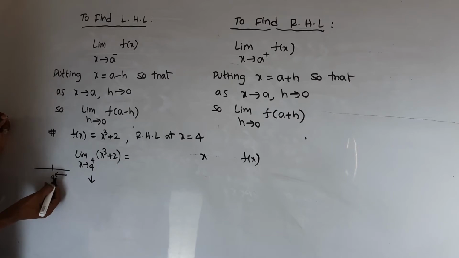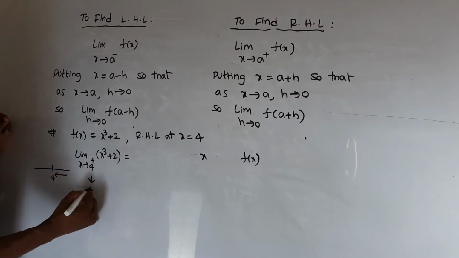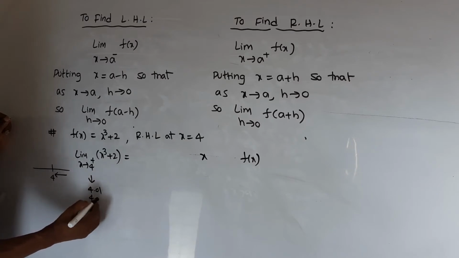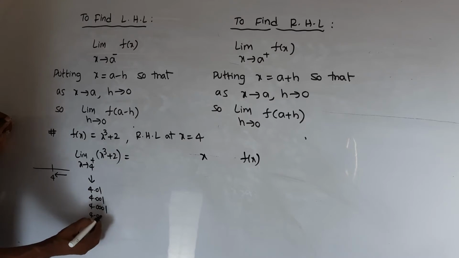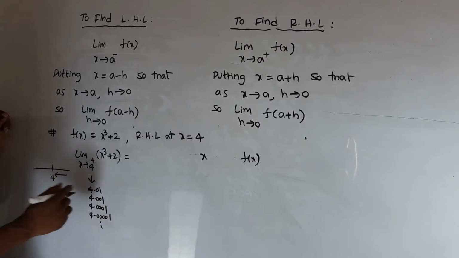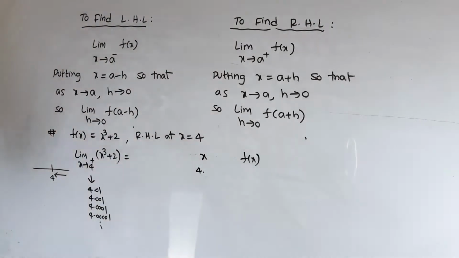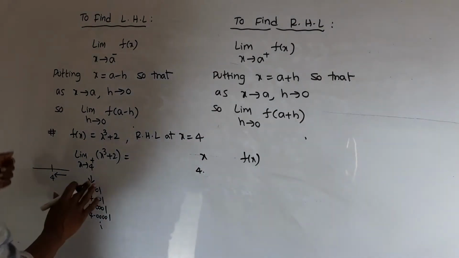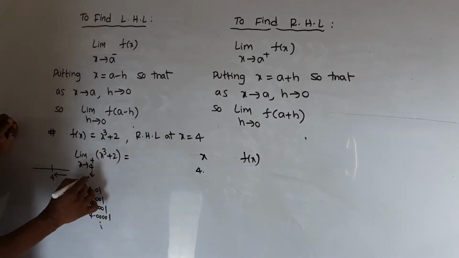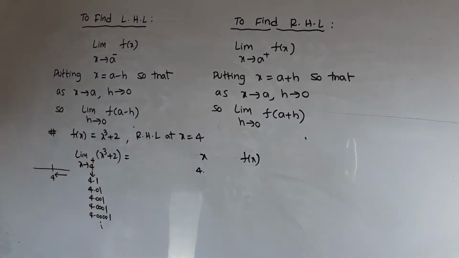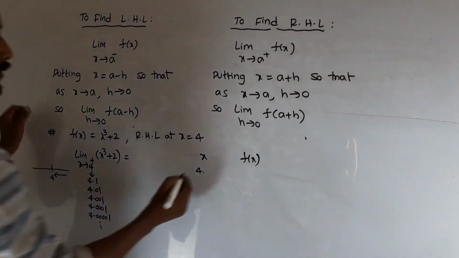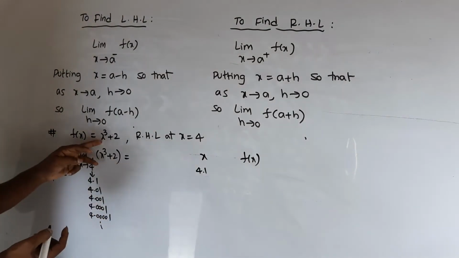So x takes values 4.1, 4.01, 4.001, 4.0001 and so on, which approaches 4. For x equal to 4.1, what is f of x? x cube plus 2.